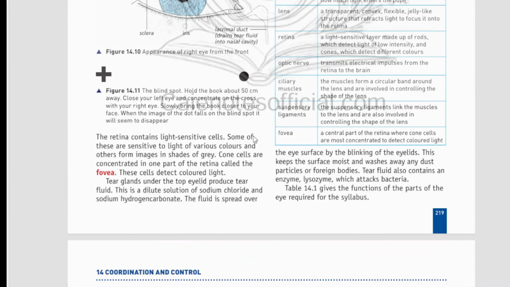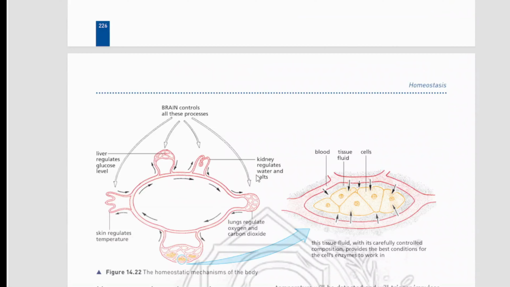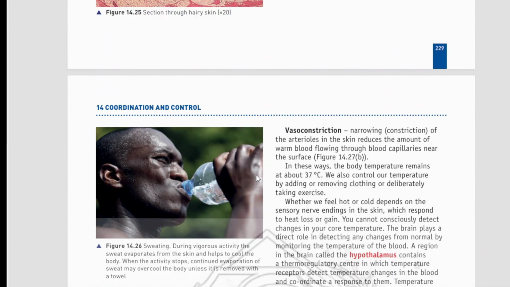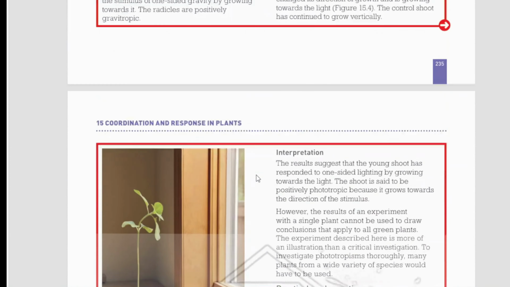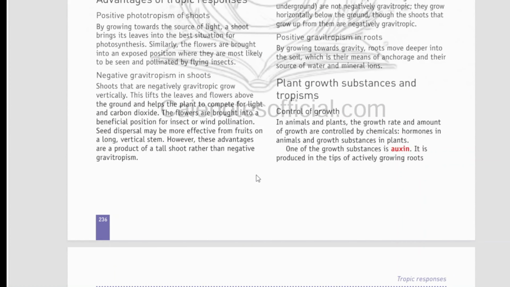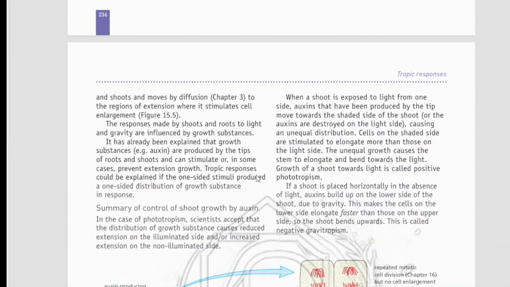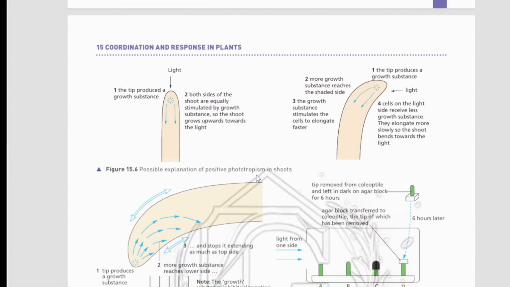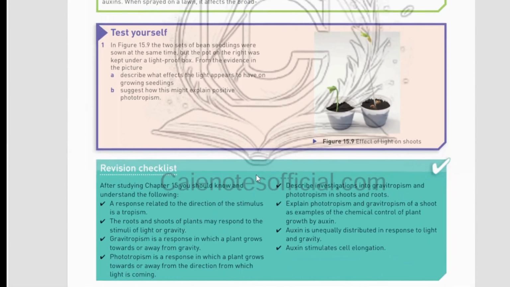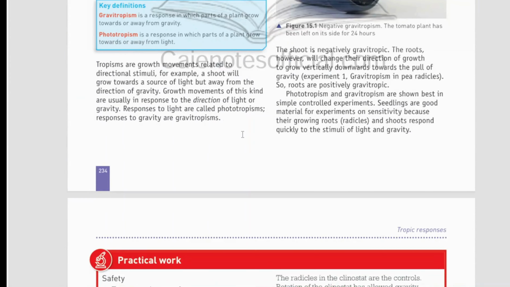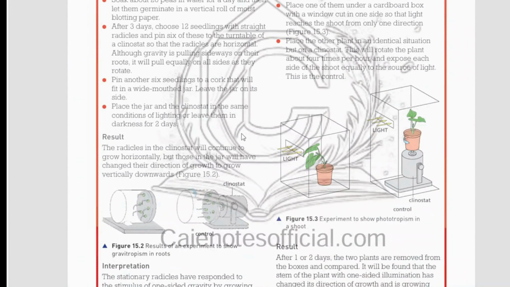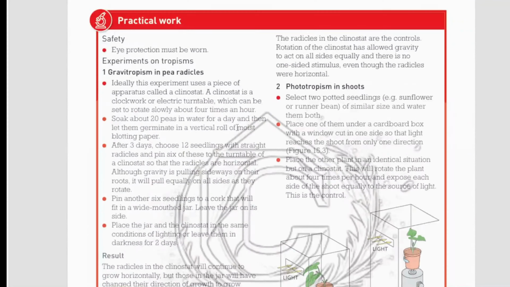Let's see the germination one. Where is the germination part? Oh, it's in the other chapter. Sorry.